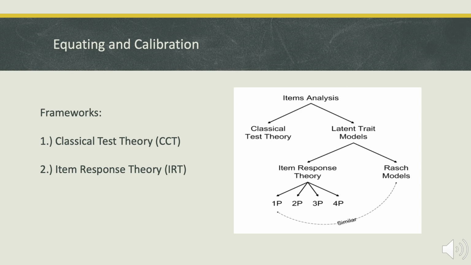Okay, so classical test theory, the analyses are the easiest and most widely used with this form. The classical analyses are performed on the test as a whole rather than item by item.